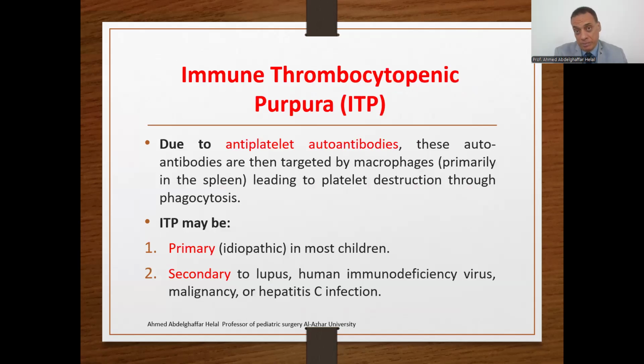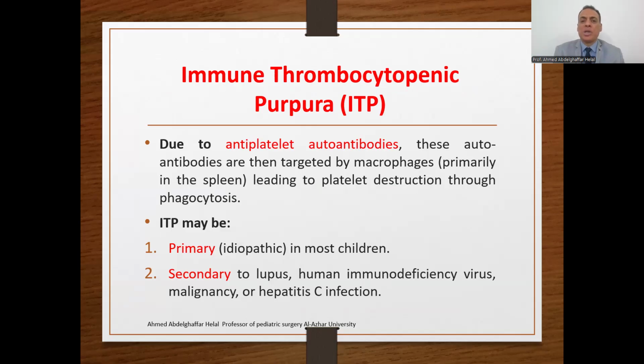The second item in the hematological indications is what's called immune thrombocytopenic purpura. Actually, many names are proposed for this disease; it may sometimes be called idiopathic thrombocytopenic purpura. It's due to antiplatelet autoantibodies produced by the immune system.